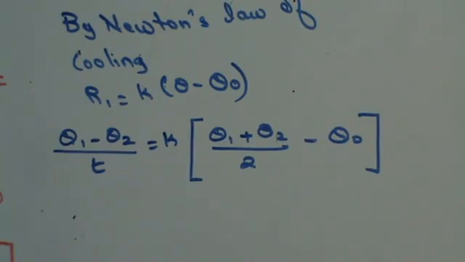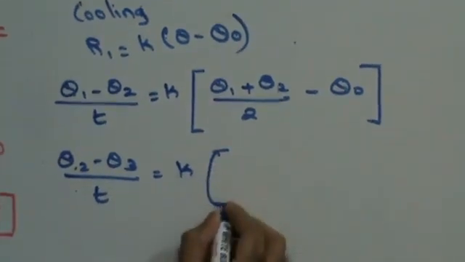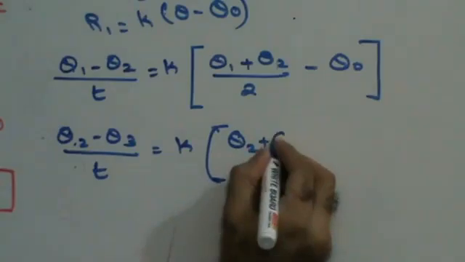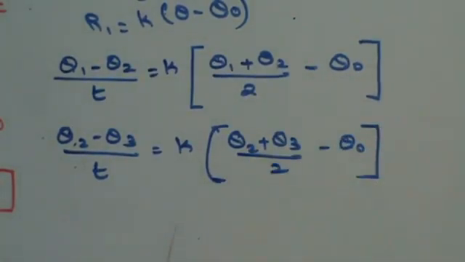Now they've also said that it cools from 52 to 46. So I can therefore say that theta 2 minus theta 3 upon T is equal to K times theta 2 plus theta 3 upon 2 minus theta 0. Right?